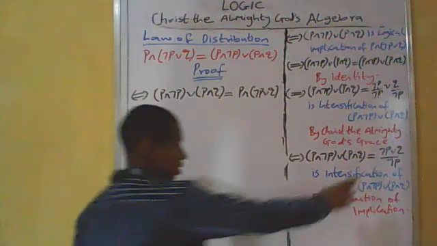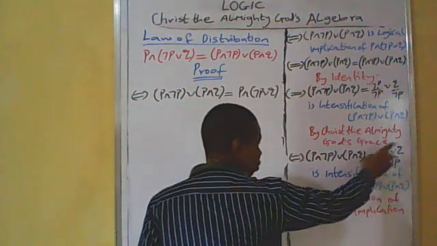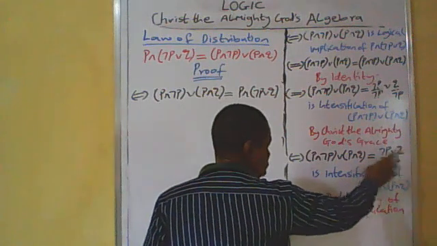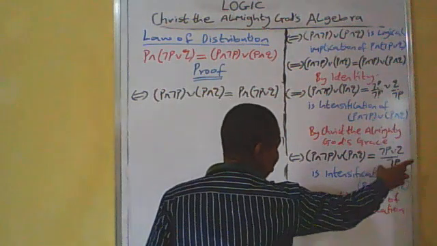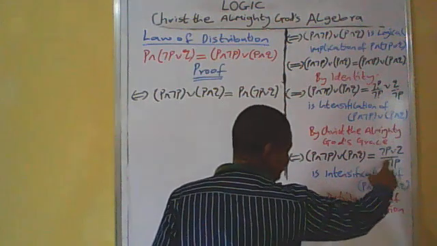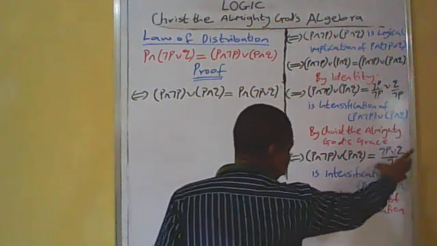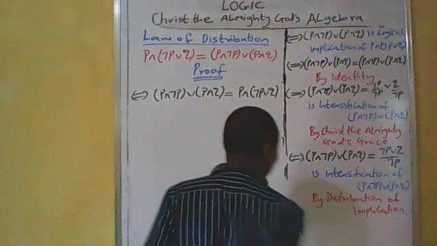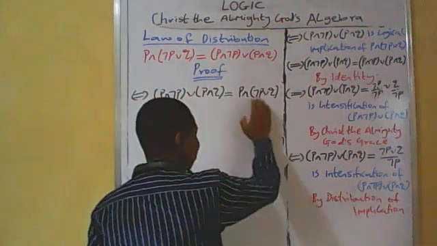Now this not P or Q upon not P, that means not P implies not P or Q. That is, the conditional statement has now been revised to conjunctive statement.